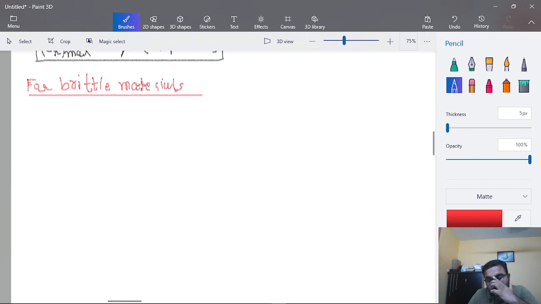For that we will be using the maximum normal stress theory.